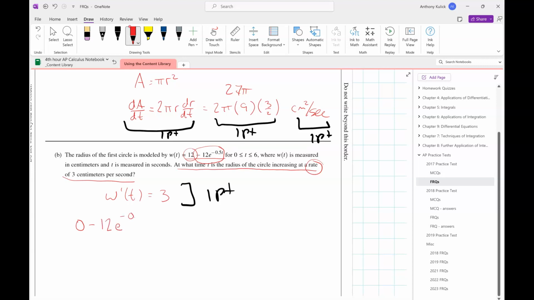Great. So Nolan did a chain rule in there. He took the derivative of the exponent. That's where the negative 0.5 came from. You don't necessarily need to have done that. Is everybody okay to there?